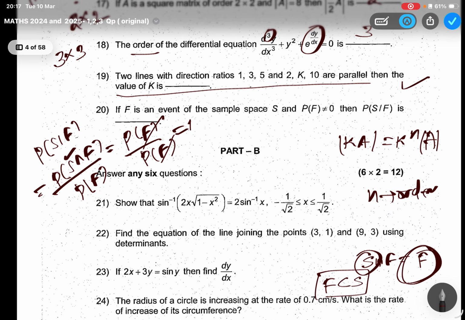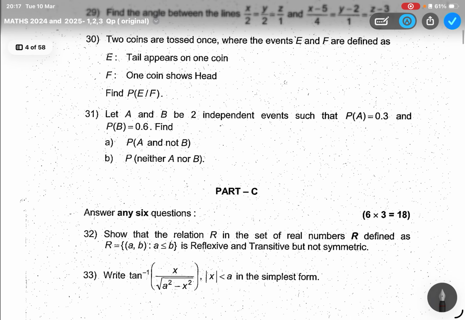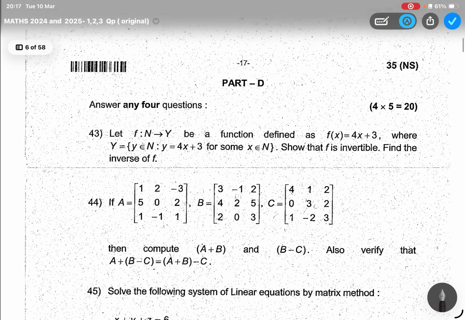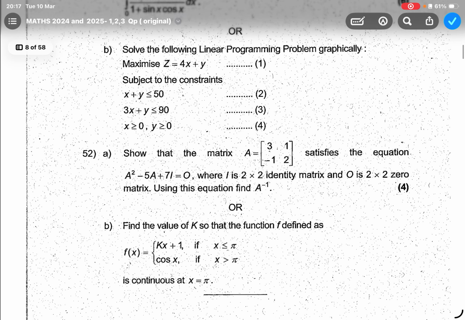Because of that, the answer will be 1 for this one. And now this is the 2024 first question paper, and now we need to solve the 2024 second question paper.